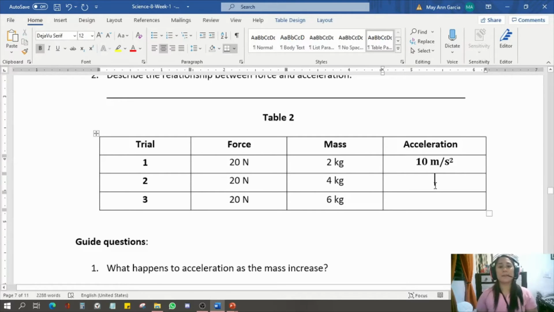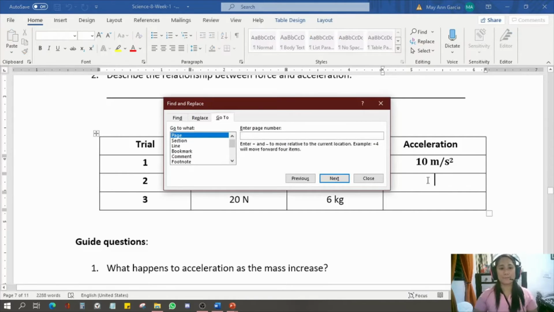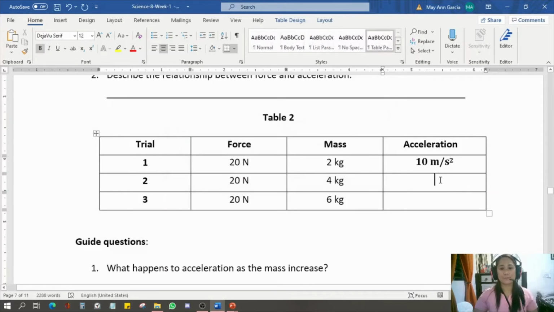Okay. Next, 20 divided by 4. How many 4s are there in 20? Okay, 5. So, that is 5 meter per second squared.